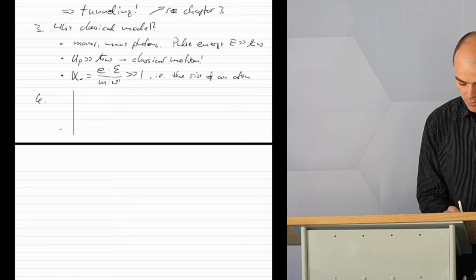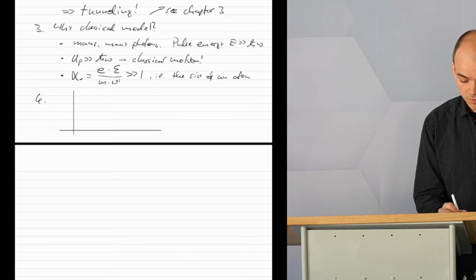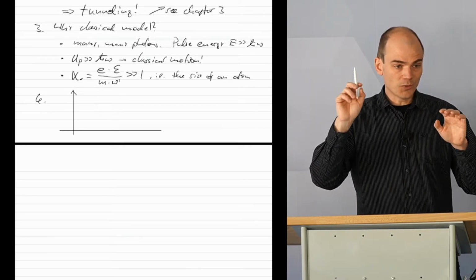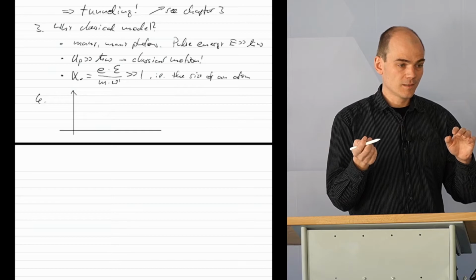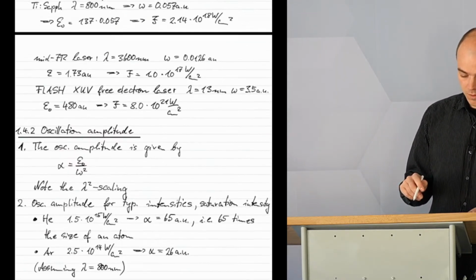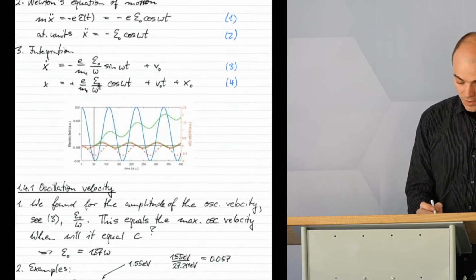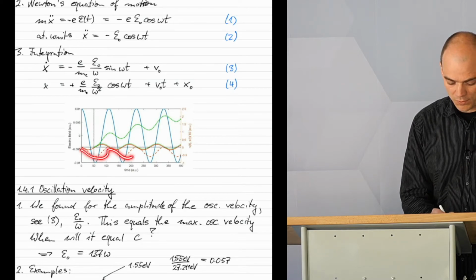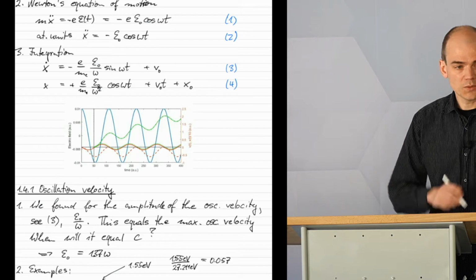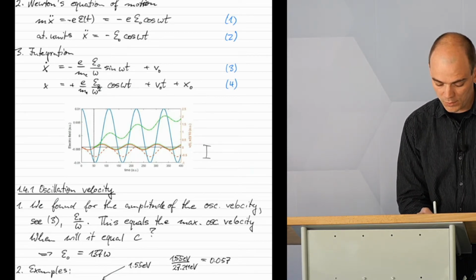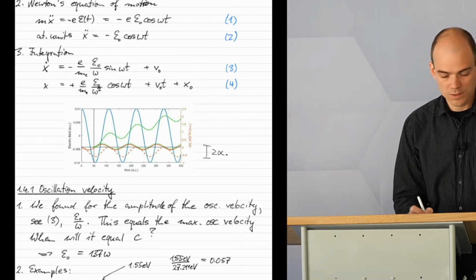The excursion length is the amplitude of the motion of the electron during one laser cycle. You have this trajectory here, and this would be the excursion length, so this here would be 2 alpha naught.